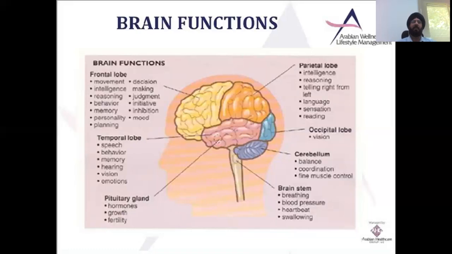The cerebellum is responsible for balance and movement. The brainstem manages the autonomic functions like heart rate and breathing, these which you are not able to control yourself. Then comes the gland inside the brain, the pituitary gland.